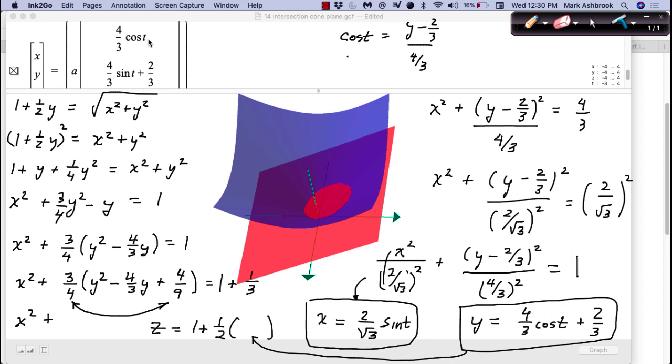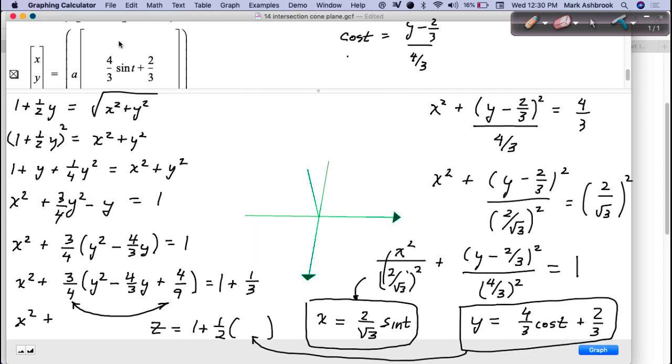So we want what? Oh, please be right. Okay, and then 4/3 cosine t. And then 1 plus 1/2 of that.